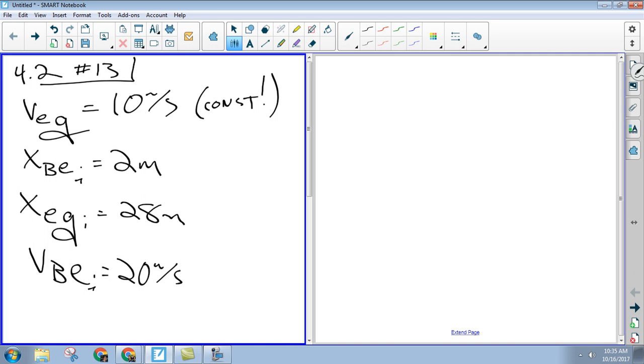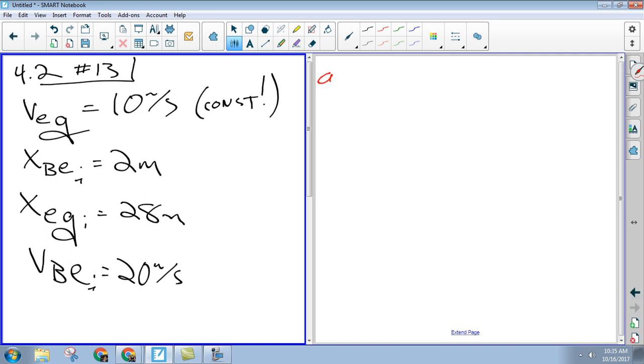Okay. All right, so A says, what maximum height above the ground does the ball reach? All right, so to answer question A, everything about question A is relative to the ground, right? So I want to keep track of the velocity of the ball relative to the ground and solve it as just a regular kinematics problem.